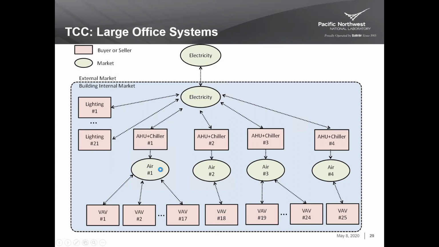Each one of these VAVs is associated with a different air market that's tied to their AHU. That air market then aggregates that demand, and it's communicated to the AHU chiller agent, and the AHU chiller agent then converts that need for cooling into a price capacity curve for electricity.